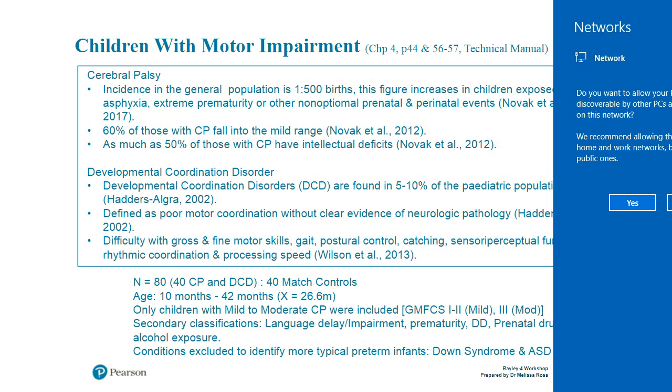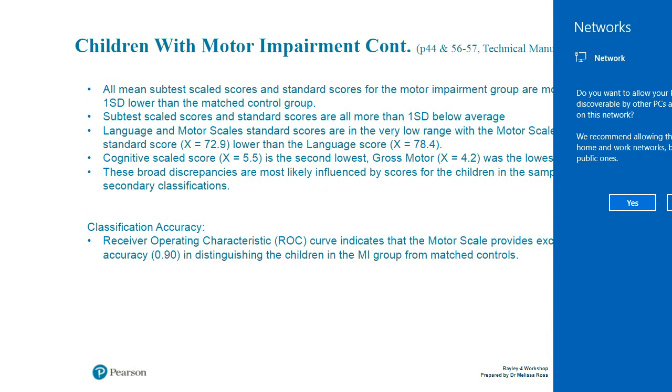In a sample of 80, with 40 children with cerebral palsy or developmental coordination disorder and 40 matched controls with an average age of 26.6 months, the following was noted. All mean subtest scaled scores and standard scores for the motor impairment group were more than 1 standard deviation lower than the matched control group.